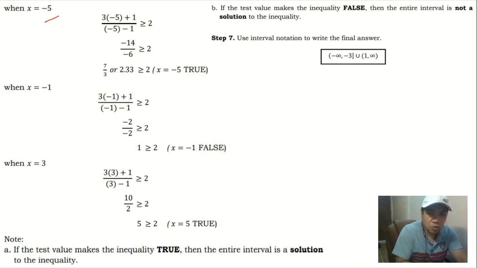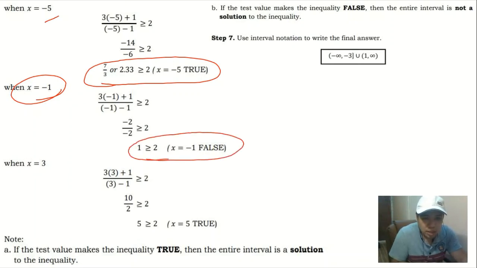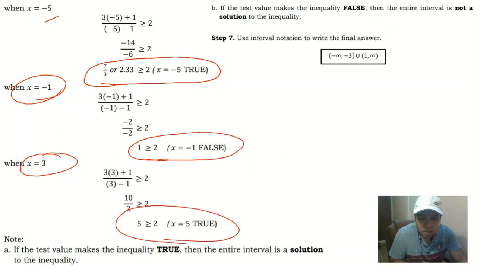Yes, kaya true. Substitute din si -1. Hindi raw kasama si -1. Pero substitute natin si +3. And yes, pasok si +3. Therefore, if the test value makes the inequality true, then the interval is a solution. Pero kapag false, hindi raw siya solution.